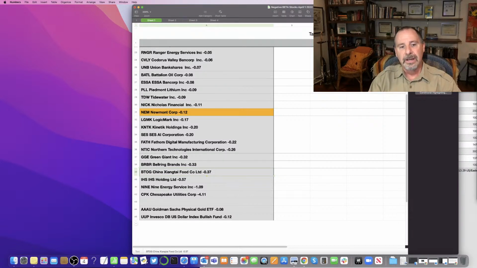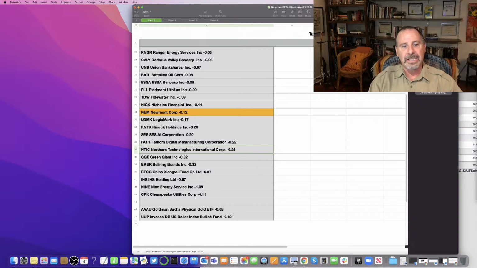That's food that people buy, like pasta, when they're poor. Could be that. I'm not really sure. These don't make sense. These have just kind of shown up in the list. But 9 Energy, IHS Holding, we've talked about these. Fathom Digital Manufacturing Corp, my guess, FATH, is that's one of those that maybe didn't do so well in a rising market.